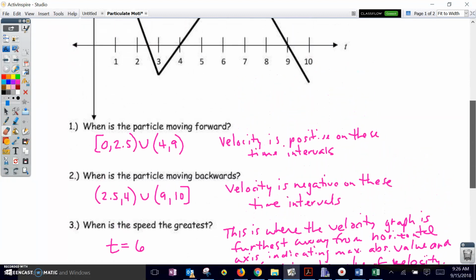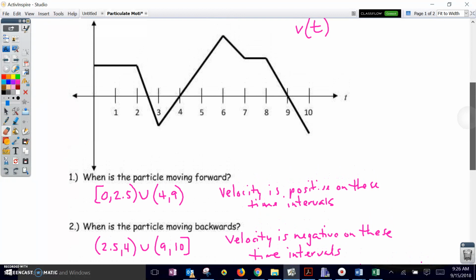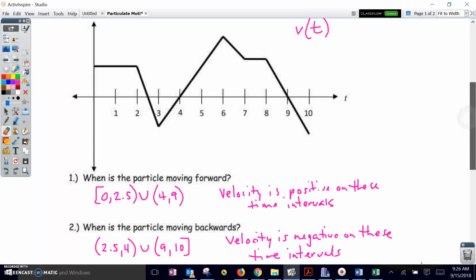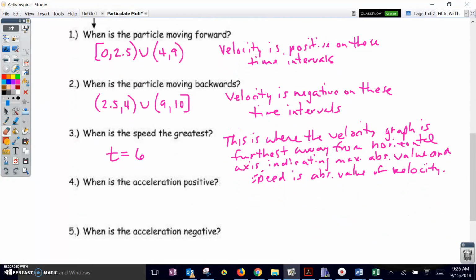So I look back at the graph. The slope is positive, looks like from time 3 to 6. And that's the only time when we have a positive slope. So that's going to be our answer for this. It's going to be the interval from 3 to 6. And we will say slope is positive there.